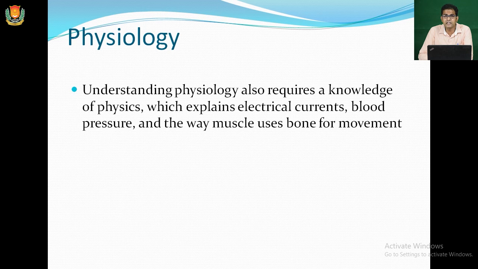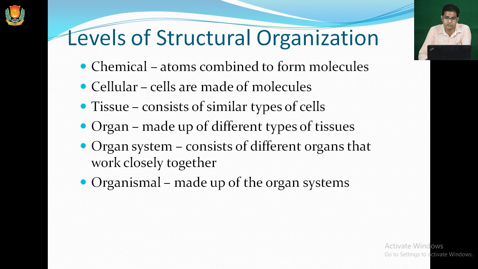Similarly, electric currents: whenever electric currents move from the brain to the effector organ or from the receptor to the brain, they are supplied with the help of ionic exchange of sodium ions, potassium ions and chloride ions. So these ions play a major role, depending on the electric gradient. Physics does play a very good role in human anatomy and physiology.